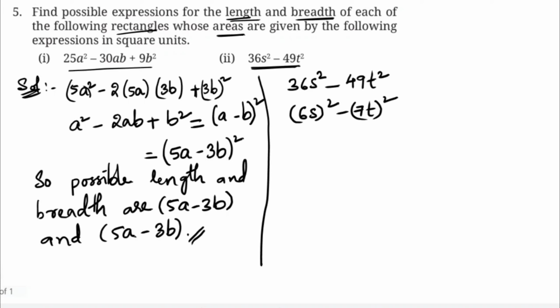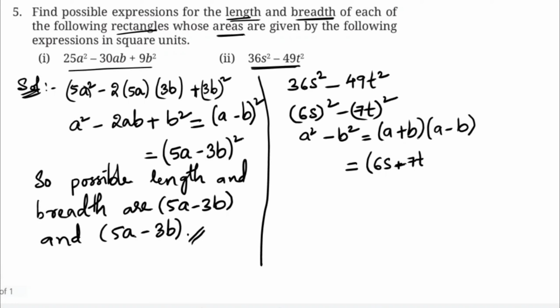So this is a square minus b square, which is equal to a plus b into a minus b. What is a here? a is 6s and b is 7t. So a plus b is 6s plus 7t, and a minus b is 6s minus 7t.